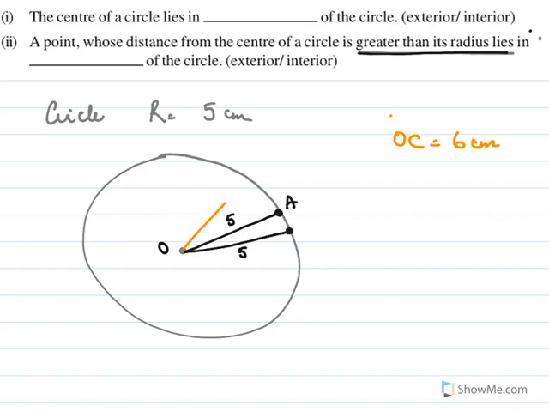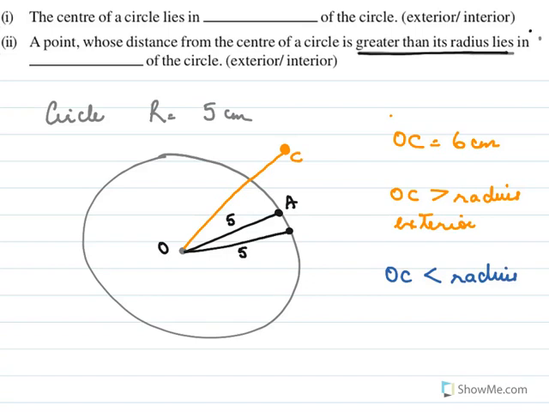Where will OC lie? 6 will be 5 plus 1, so here, outside. So if OC is greater than radius, it will lie in the exterior. But if OC is less than radius, it will lie inside.